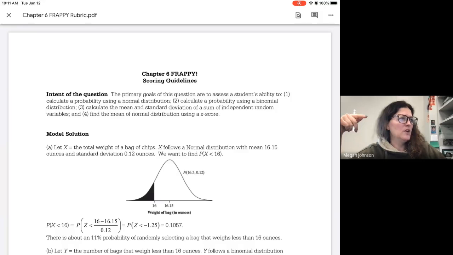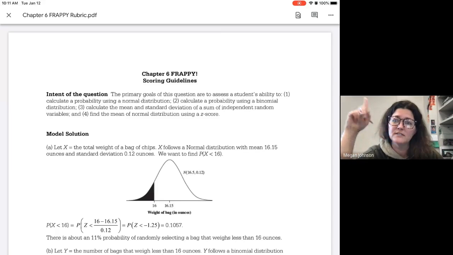So the question here was, you're looking at Buckley Farms. Buckley Farms produces homemade potato chips that it sells in bags labeled 16 ounces. The total weight of each bag follows an approximately normal distribution. Key phrase for you, with a mean of 16.15 ounces and a standard deviation of 0.12 ounces.